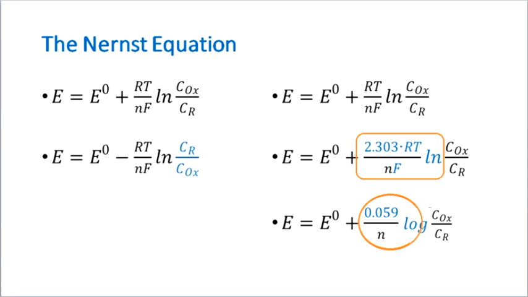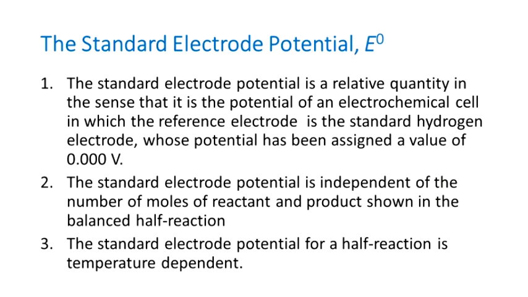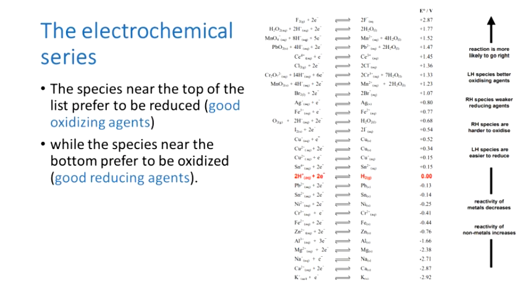If concentrations of reduced and oxidized forms are equal to 1, log of 1 is 0 and E will be equal to E0, to standard electrode potential. This potential is measured at standard condition and unit temperature. These standard electrode potentials are given in tables, and looking at this table you could compare oxidizing or reducing properties of redox pairs.